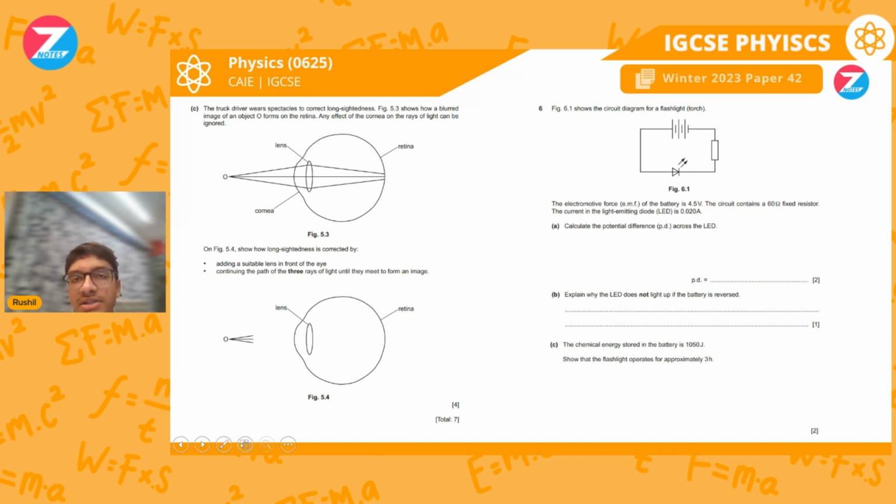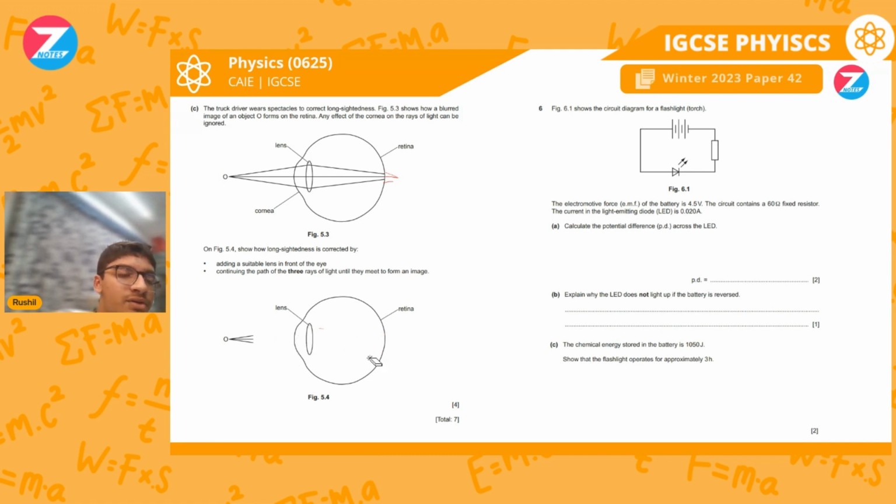So what happens in long-sightedness is that you can't focus on short distanced objects very precisely because their light is very diverging, and you can't really refract it enough to form an image exactly on the retina. As we can see here, the image will form somewhere behind the retina. So basically we need to use a converging lens.